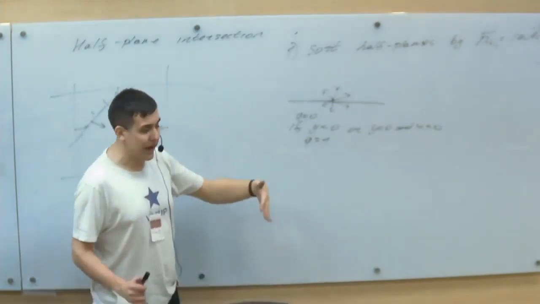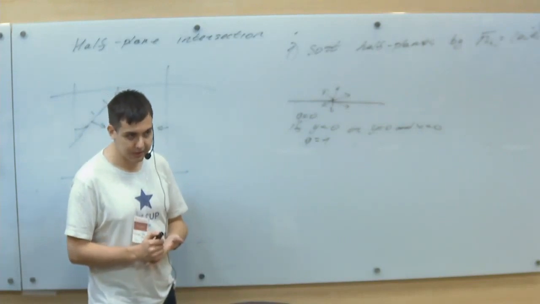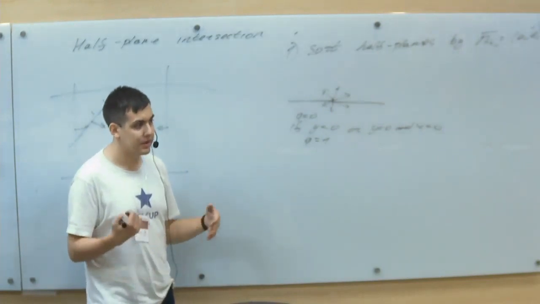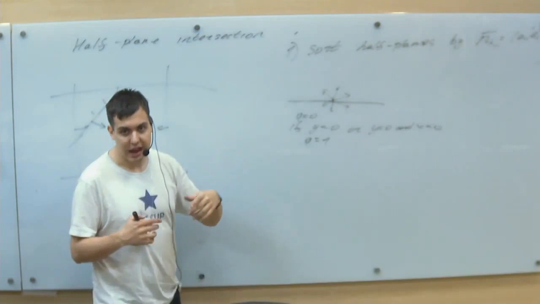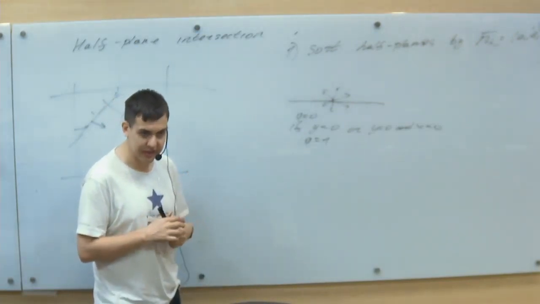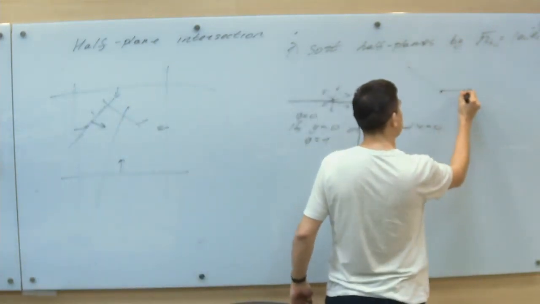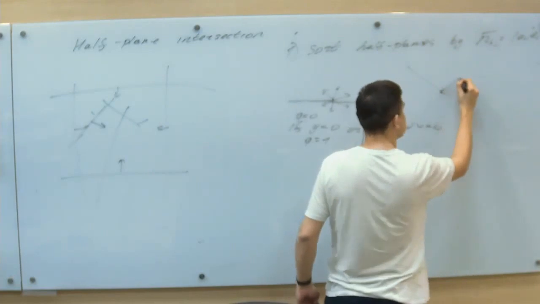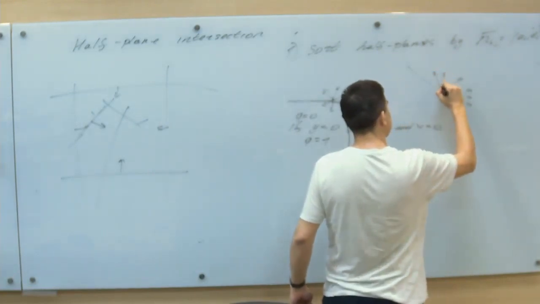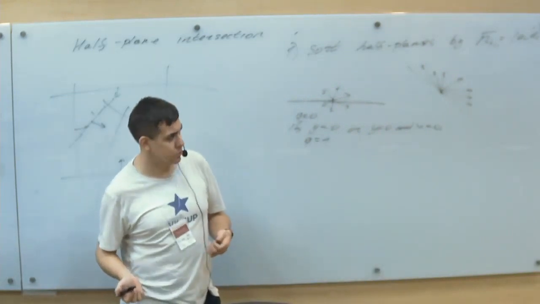And when you know that all your vectors are in the same half plane, so the maximum angle between any two of your vectors is less than 180 degrees, then you can just use the vector product to sort them, right?